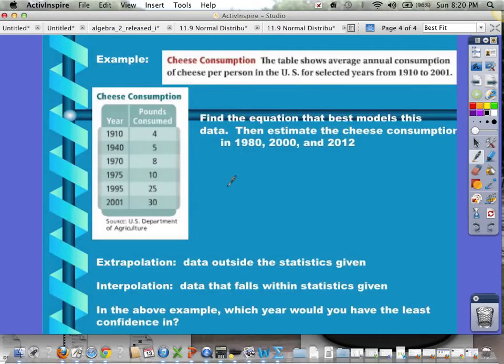All right, so let's take an example of cheese consumption in the United States. The table shows the average annual consumption of cheese per person in the United States for selected years from 1910 to 2001. Now, when you're putting years into your table, I use 10, 40, 70, 75, 95, and 101, because the full years are very huge numbers.